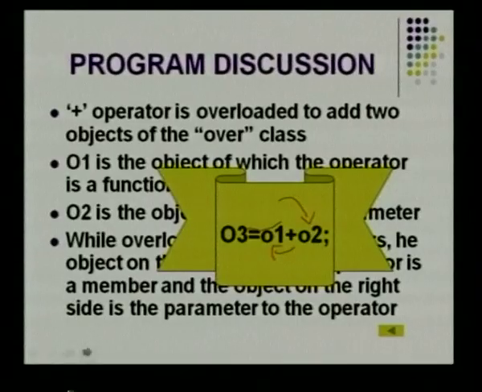So, the object on the right side is passed as an argument, the object on the left side is passed as the first parameter. This is the way the compiler understands the operator function. So, we have to think like the compiler when we execute the program. Only when we think like the compiler will we know how the program will execute and how we will get the result. So, this is how binary operators are overloaded in C++.